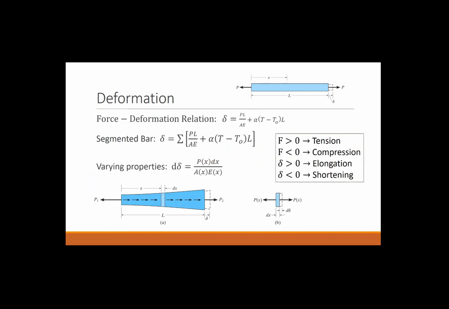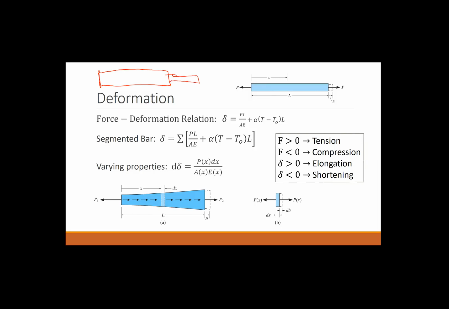Okay, so we can use this force deformation equation to calculate the amount of elongation of a member, but sometimes the member is broken up into different components or different segments. So you might have, say, one segment that looks like that and another segment that looks like this.